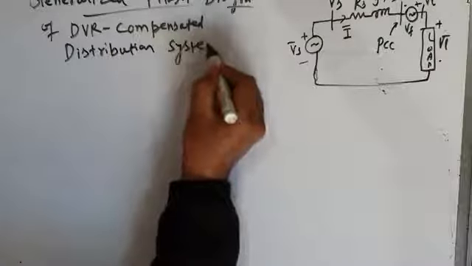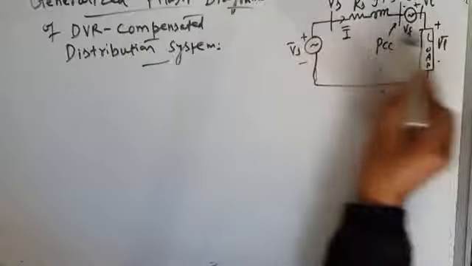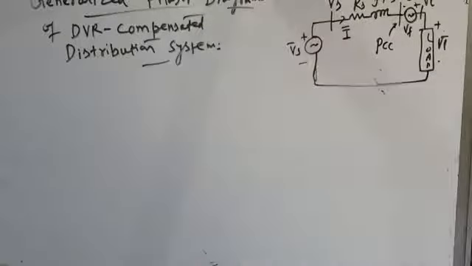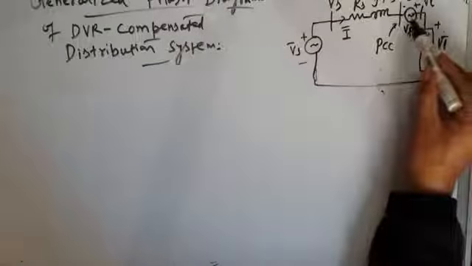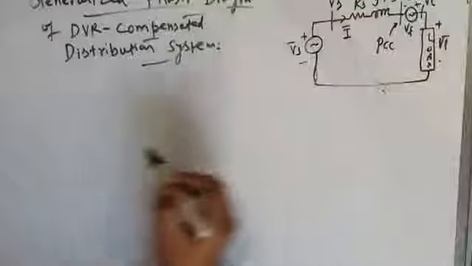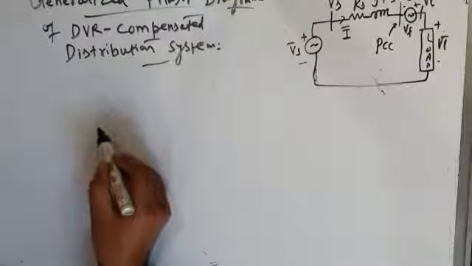So this is your distribution system: source, load, and this is the feeder resistance, and this is the voltage compensation done by DVR. So the generalized phasor diagram will be something like this.